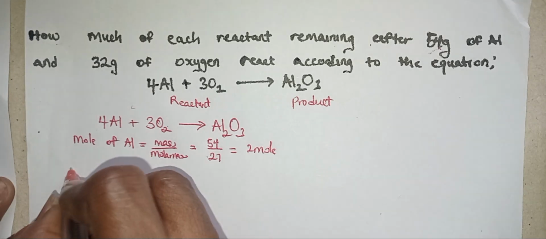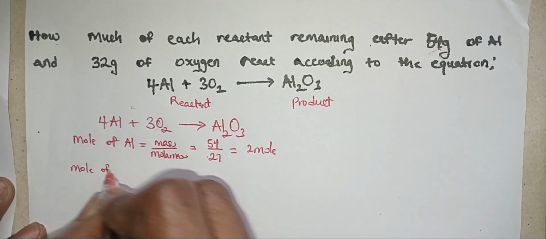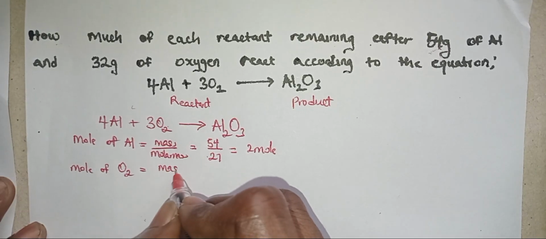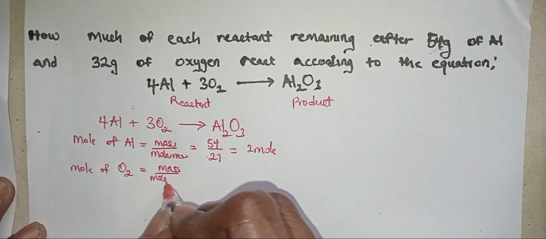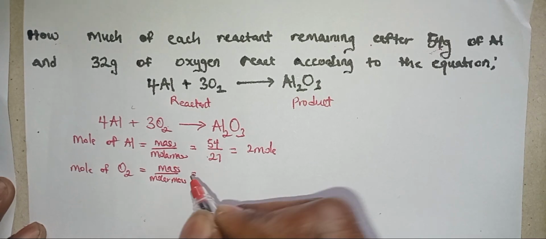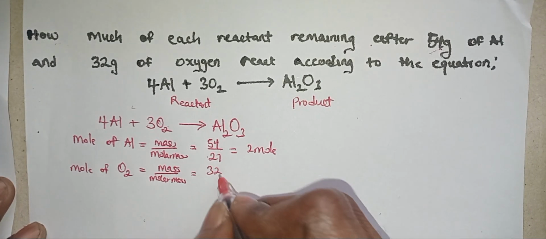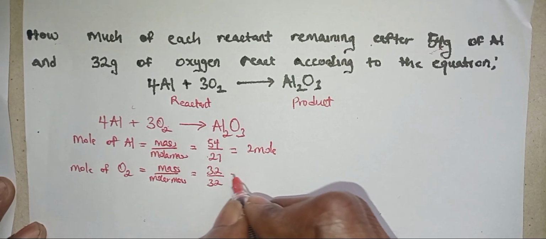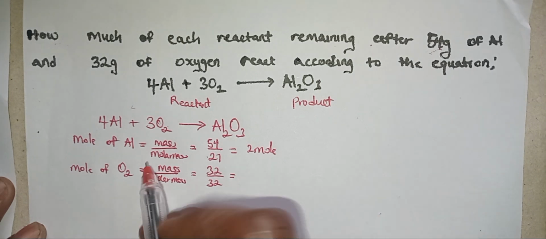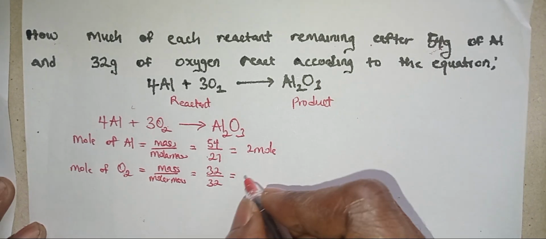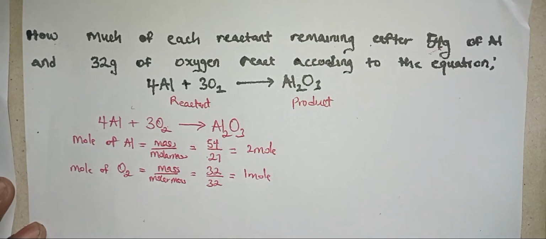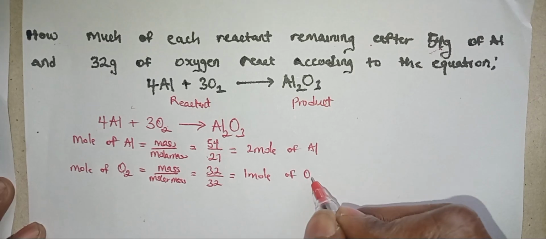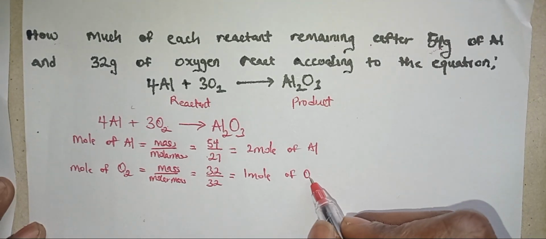Then we solve for the mole of oxygen gas, which is also mass upon molar mass. So we have 32 upon 32, because the molar mass of oxygen is 16 multiplied by 2, which gives 32. So we have 2 mole of aluminium and 1 mole of the oxygen gas.